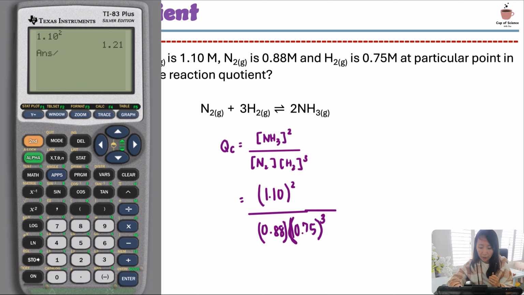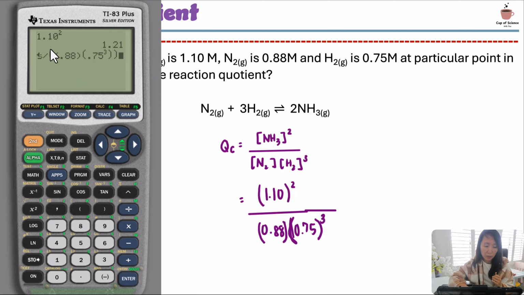In that, first, we're going to go ahead and put in 0.88. And then you're going to put another value, 0.75, and that's to the third power. And then double parentheses.